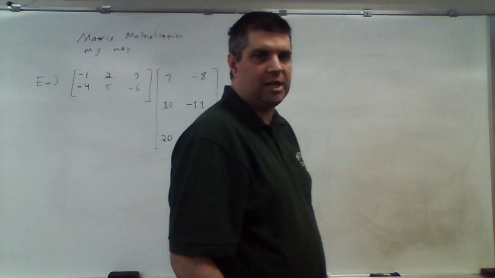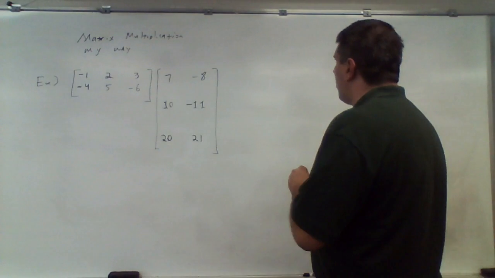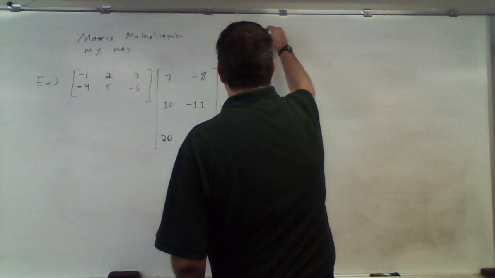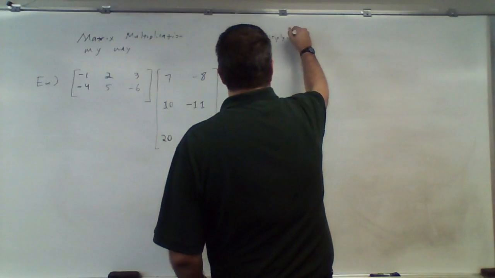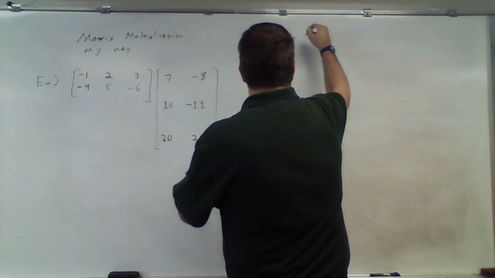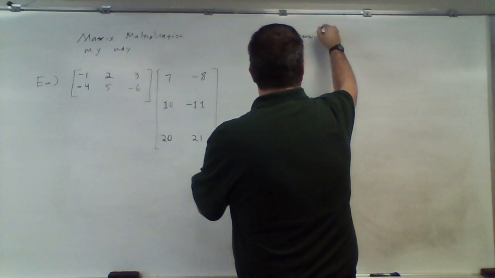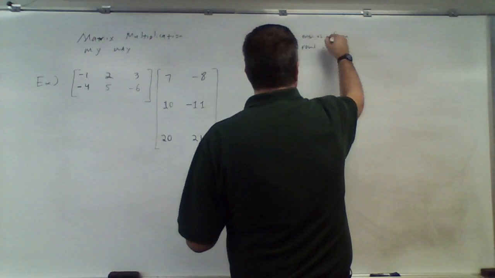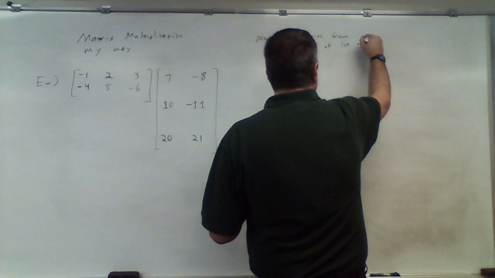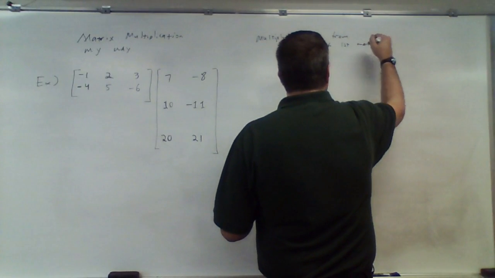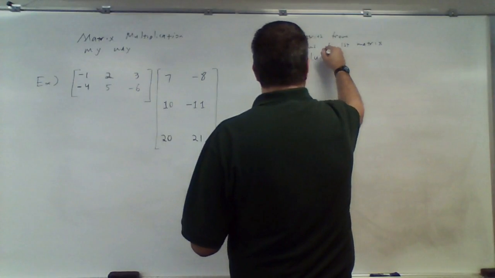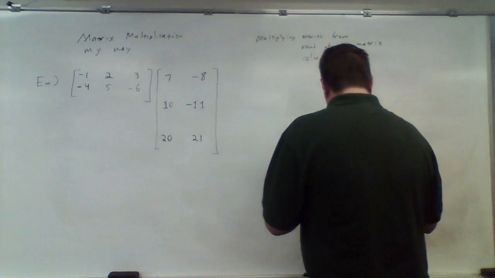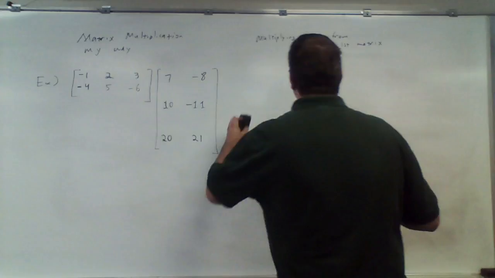What you are going to be doing is multiplying entries from rows of the first matrix and columns of the second matrix. I will write that more neatly.